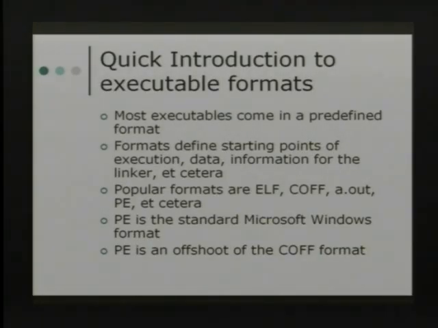We have a lot of different popular ones: ELF, which you'll probably be using under Linux, BSD, etc. COFF, which is the older Unix equivalent. a.out, which is what Linux went to or was at, and OpenBSD was for a long time, prior to finally going over to ELF. And then of course PE, which is what Windows is using, which again is an offshoot of COFF.